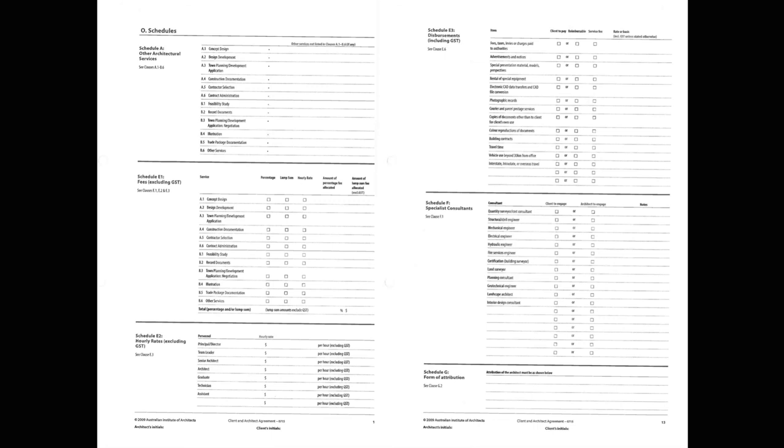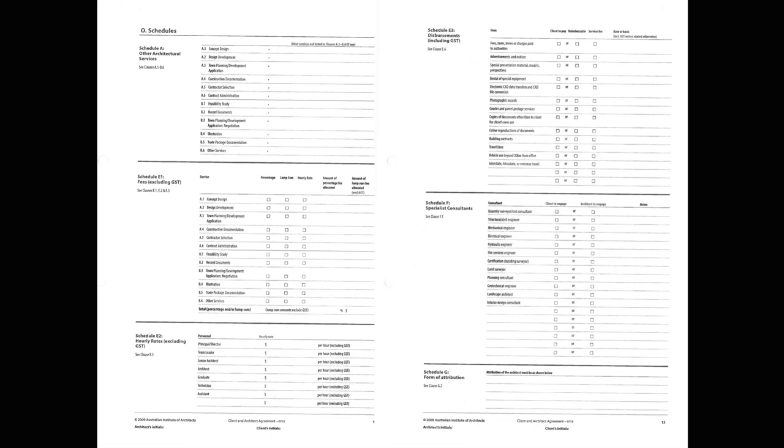Now, Schedule E3 on the next page is about disbursements. Disbursements are really incidental costs that happen during the preparation of the drawings and the design, and this section is about who pays the disbursements and how.